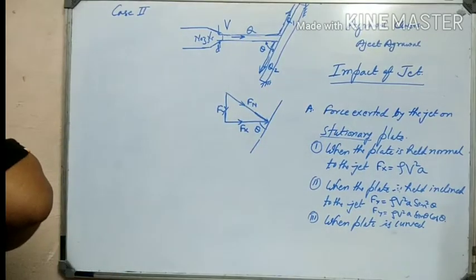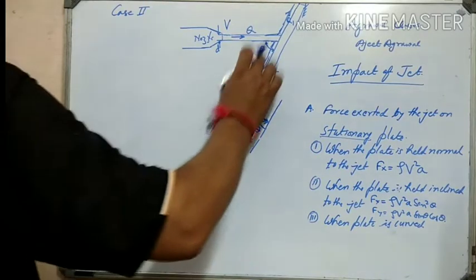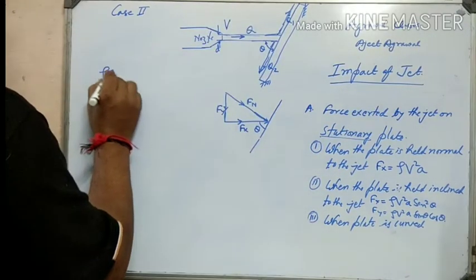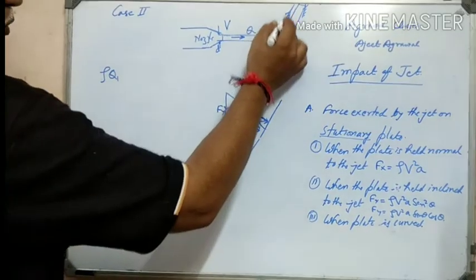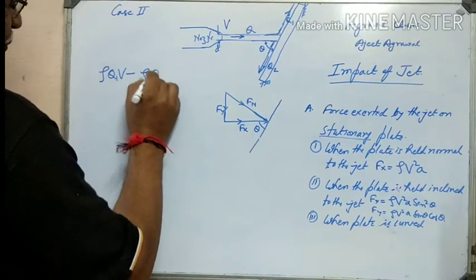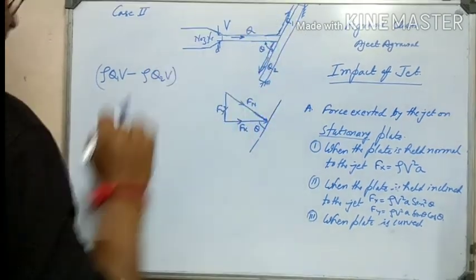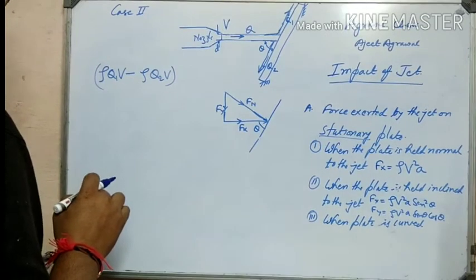So here it will be rho Q1 V minus rho Q2 V. This is the change in momentum.